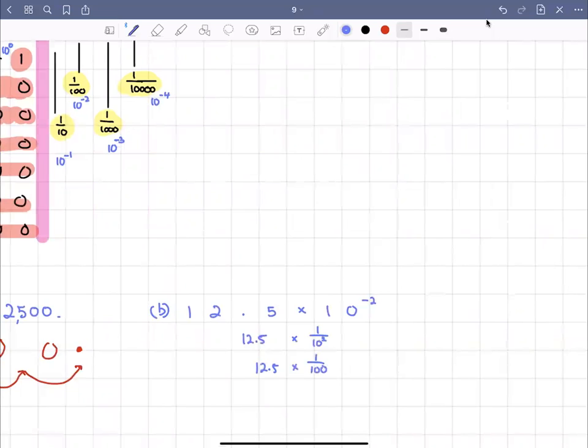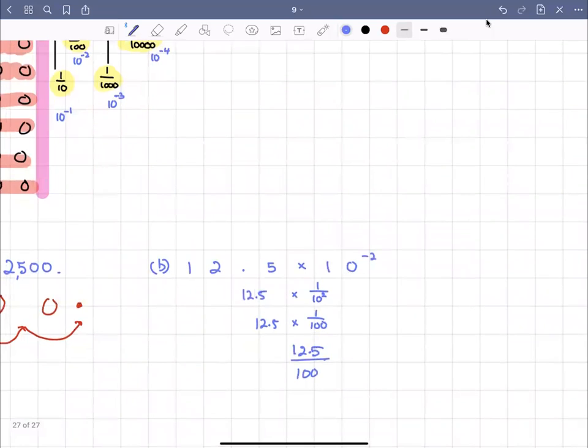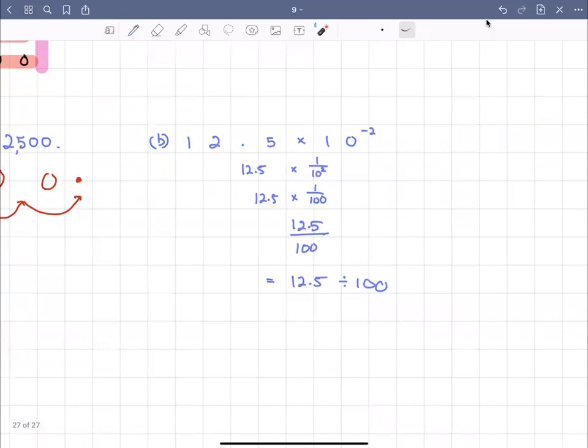Still don't understand? We make it into one place: 12.5 divided by 100. Since multiply, we go to the right; division, we go to the left. 1 time, 2 times. Decimal place here, and we add a 0 right in front. So the answer will be 0.125.